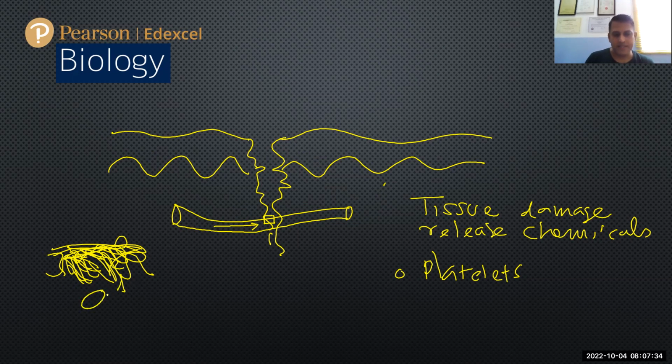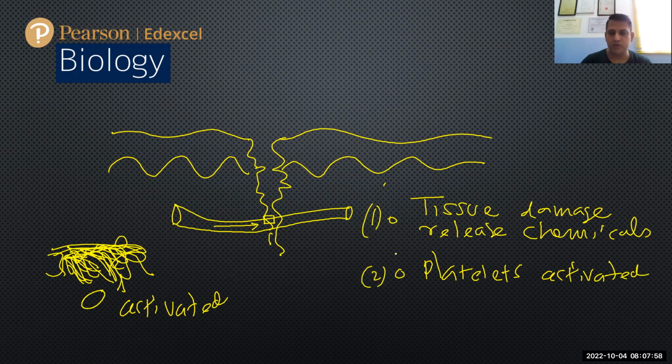So platelets hit these damaged tissues including collagen, and platelets get activated. So here the platelet is activated. I just write here number 1, and this is number 2, platelet activated.